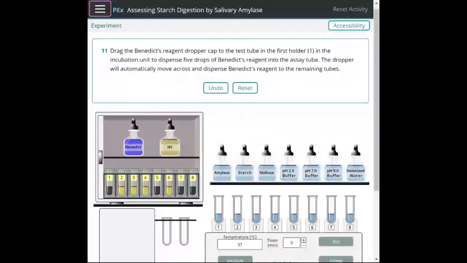All right, now we're going to apply the Benedict's reagent. This is going to test for the presence of the small sugars, so the presence of the maltose.